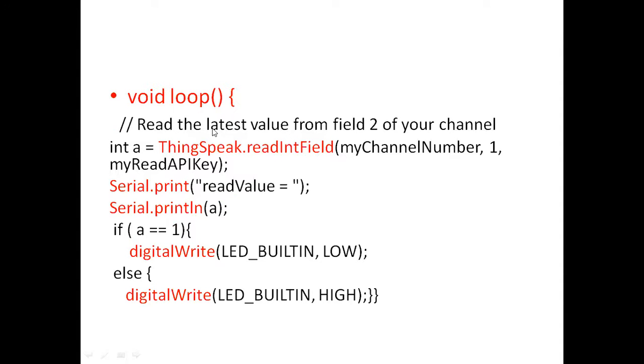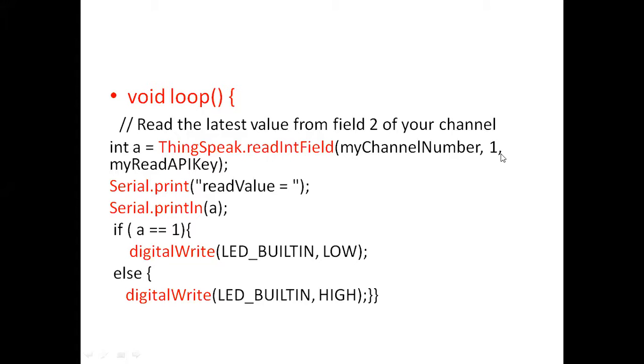Here, in the while loop, ThingSpeak.readIntField, my channel number 1, comma, my read API key. Suppose I want to send some control commands to channel number 1. Suppose I send data to field 1 or field 5.